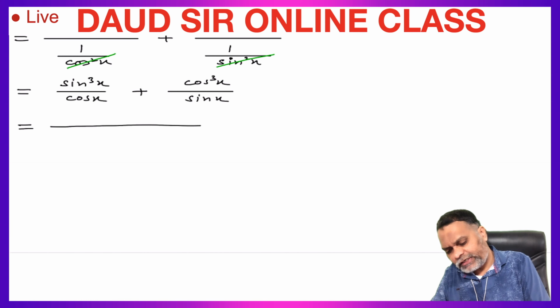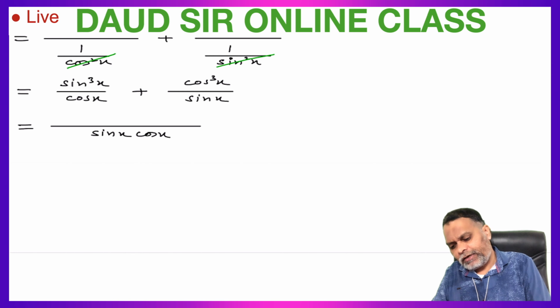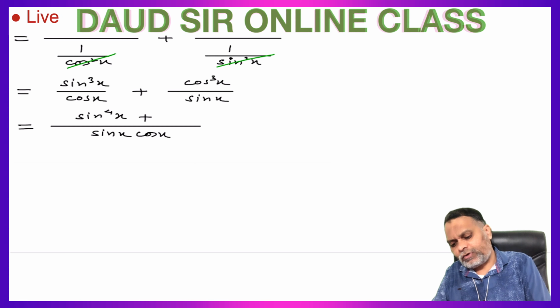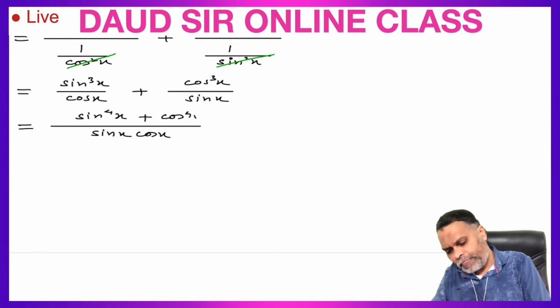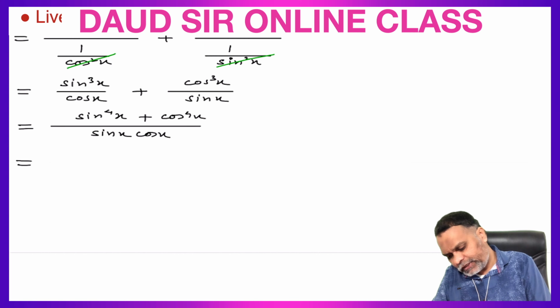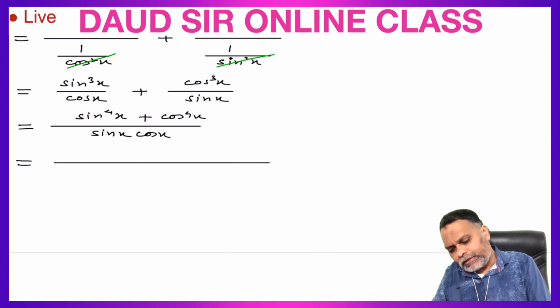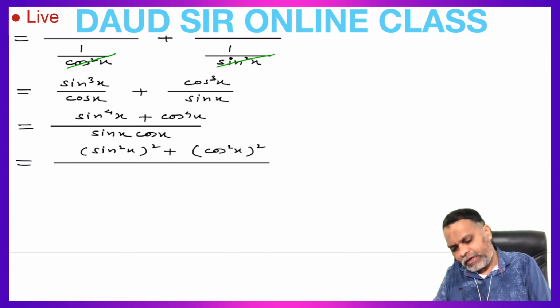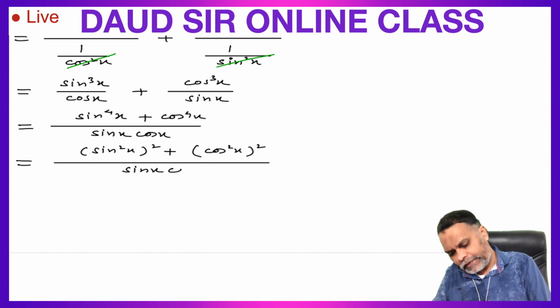LCM of sin x and cos x is sin x into cos x. Cancel by this, cos x cancelled. Multiply sin x into sin cube x, so it will be sin raised to the power 4 x, plus cos cube x into cos x, cos raised to the power 4 x. This sin raised to the power 4 x we can write as sin square x whole square, and cos raised to the power 4 x we can write as cos square x whole square, upon sin x into cos x.